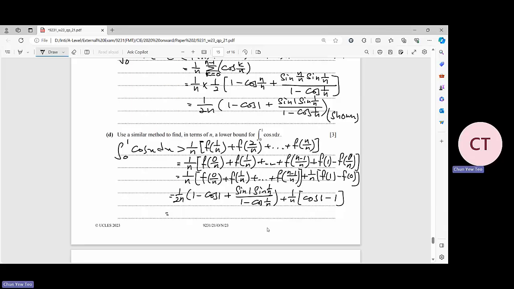So over here you can see you have 1 over n here and 1 over 2n over here, and in order to combine them together, you will have to multiply by 2 here.